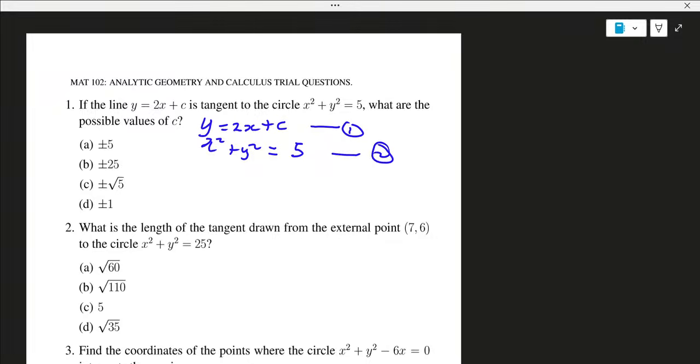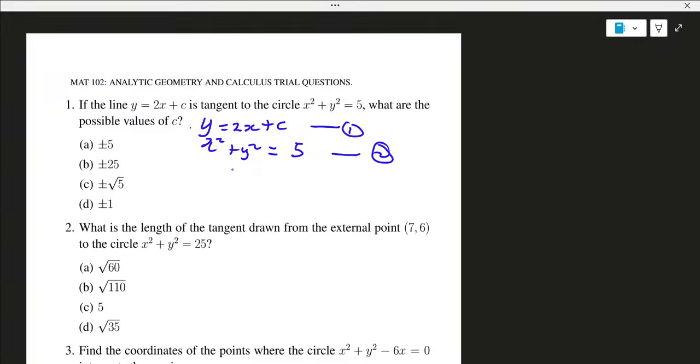Now the next thing we do is solve the two equations simultaneously. In equation 1, y is already made the subject. So we substitute that into equation 2, and then we'll be able to solve that.